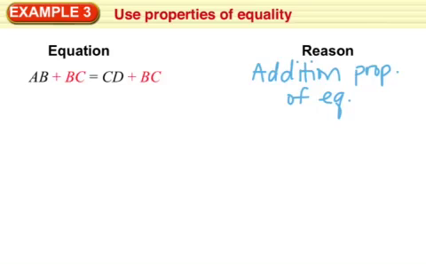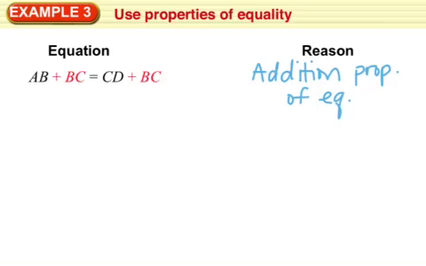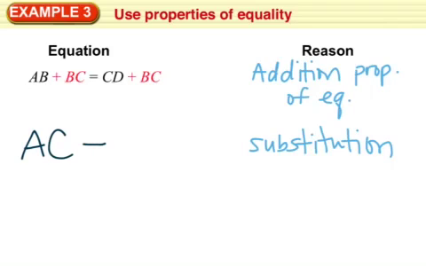So then notice you can actually replace what you wrote in these last statements. You can replace what you wrote here in this new equation. So we're going to be using the substitution property. The hint was I said the word replace. The substitution property to say that AC is in fact equal to BD, which is what we were trying to show.